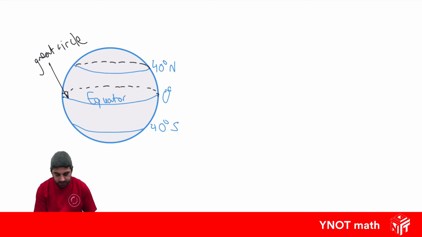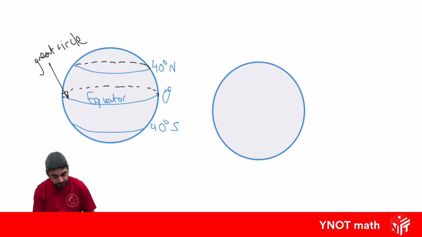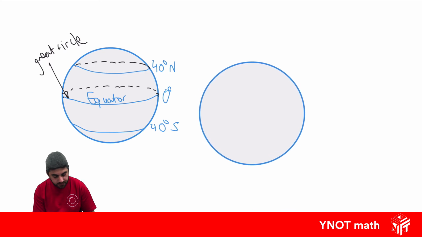Okay. Let's draw another diagram. Draw another one here. And now longitudes run this way. The one at 0 degrees actually runs through Greenwich in England.